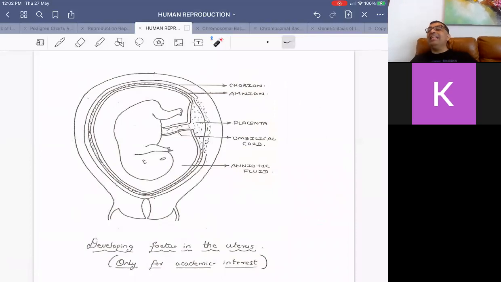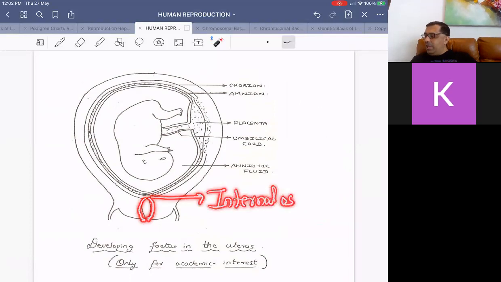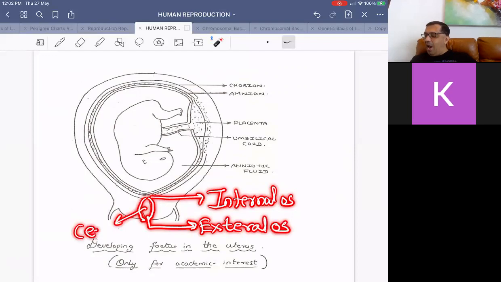We have a nice concept over here. So do you remember, this is the cervix, and here we have the internal os, and here we have the external os, and in between is the cervical canal. Now what will happen during childbirth?